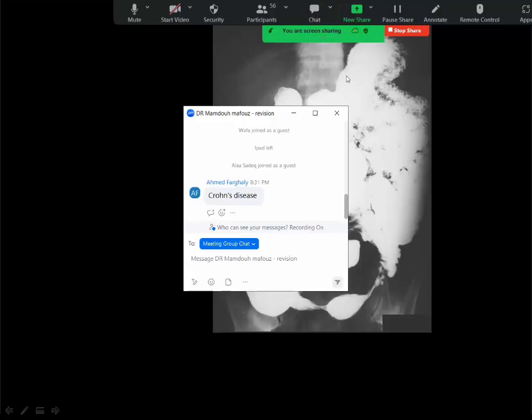Then the second case is a barium follow-through examination of the small bowel, of course. Yes, this is Crohn's disease, and you got multiple segmental narrowing of the small bowel, and another segment here and another segment here.